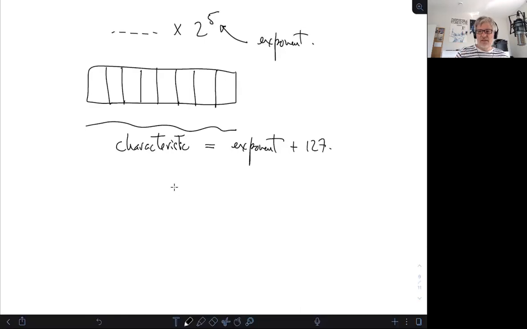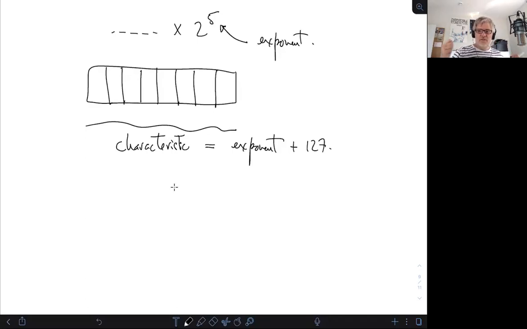Think of a computer that's handling millions of these numbers, one after another, adding, multiplying, subtracting. You have to make this as efficient as possible.